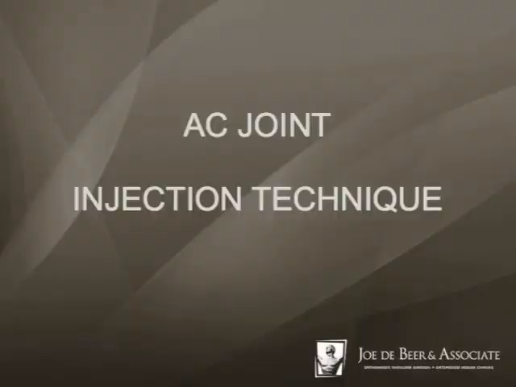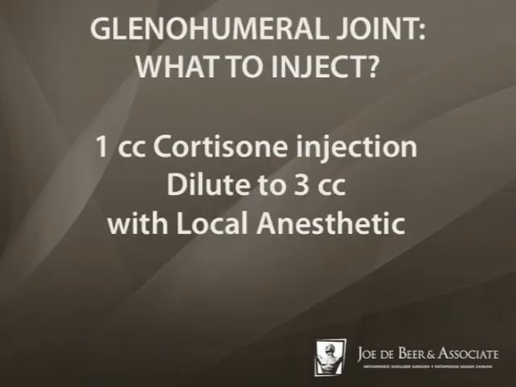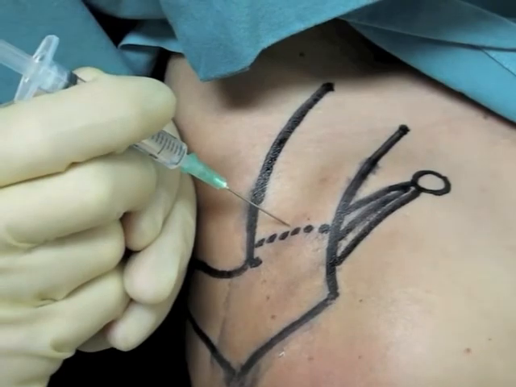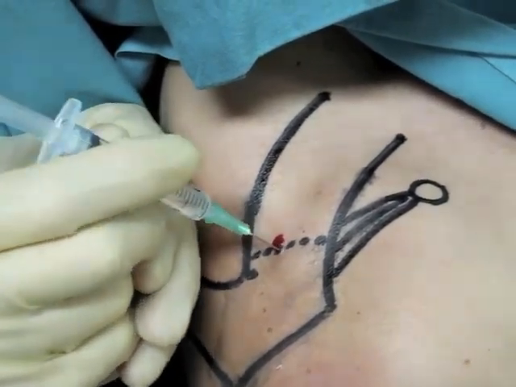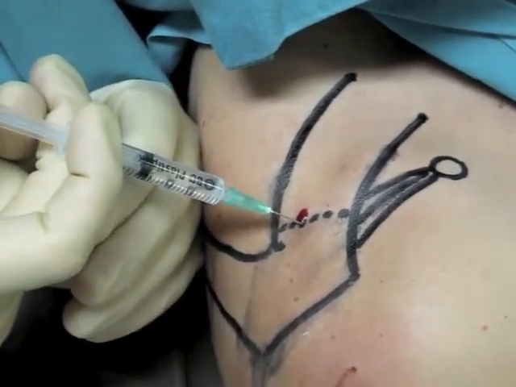The technique to inject the AC joint: as a much smaller volume can be used, a 3 or 5 cc syringe, and the volume is 1 or 2 cc's of cortisone diluted to 3 cc's with local anesthetic. The joint is found at the end of the clavicle, and one may walk the needle until you find the loss of resistance where the needle enters the joint, and the injection is given at that point.